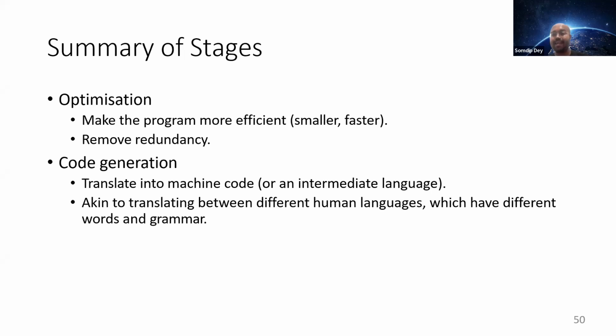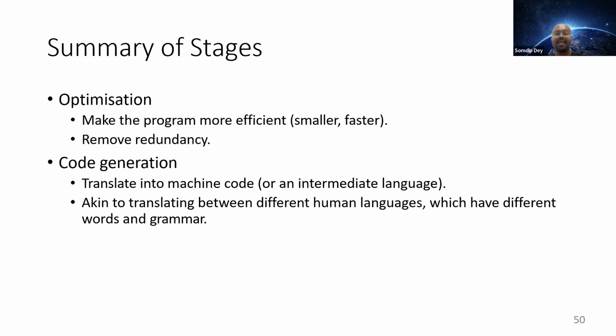Now, after semantic analysis is done, the annotated abstract syntax tree is then further processed by the optimization phase. In the optimization phase, it makes the program more efficient, which means it is smaller in size and faster to execute on the targeted computing machine.